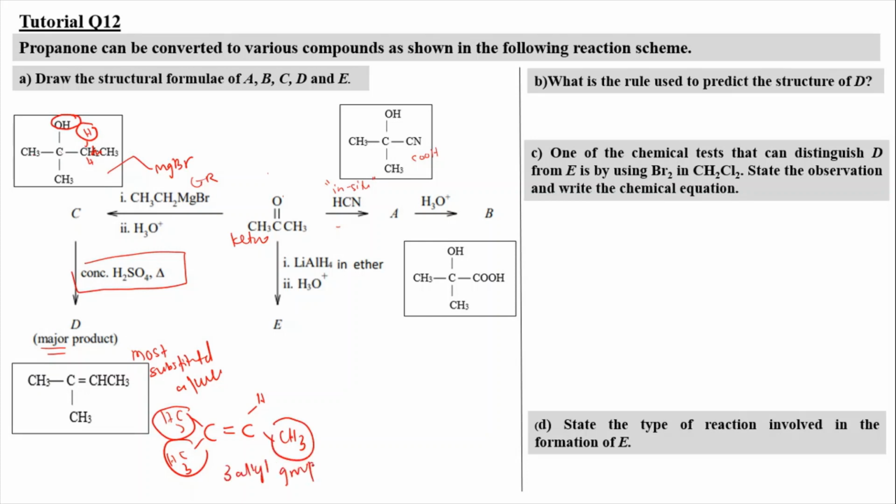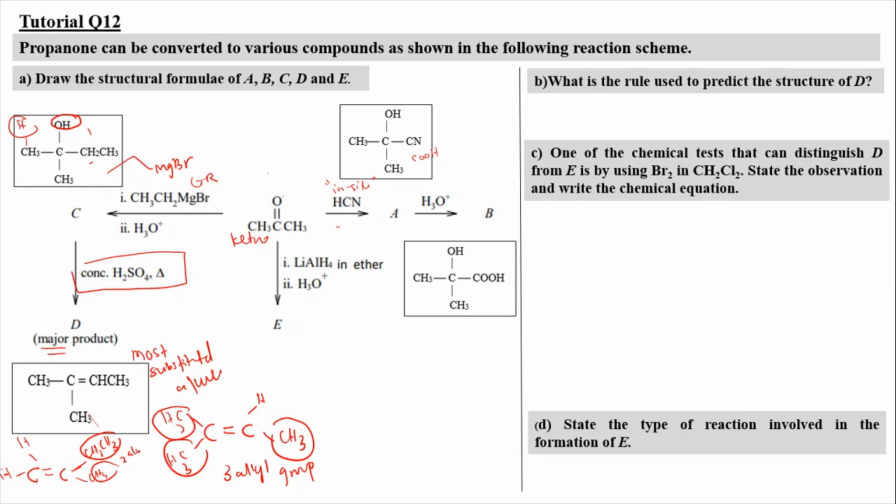Okay, if I were to remove hydrogen not from this side but from this side, okay, what I'm going to produce is C double bond C, CH2, CH3, CH3, H, H. So if I were to remove on this side, what I'm going to get is 2 alkyl groups.